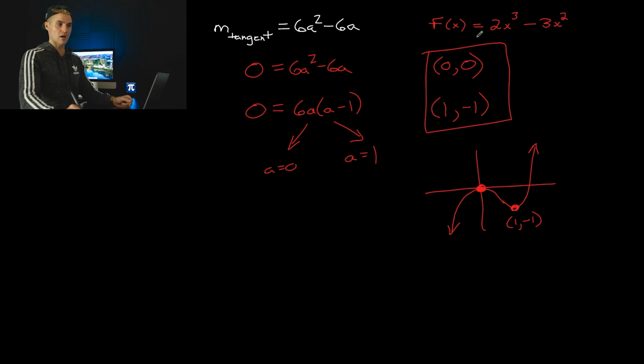Right? If you took this function and graphed it in Desmos, this is how it would look. And so at these points here, the tangent is horizontal, like that, or the slope of the tangent is 0, right? Just so you visually understand what's going on. Again, the drawing isn't necessary, but just so you get it, those are the final two answers for part B. At the coordinates 0 and 0, 1 and -1, the slope of the tangent of this function is 0.